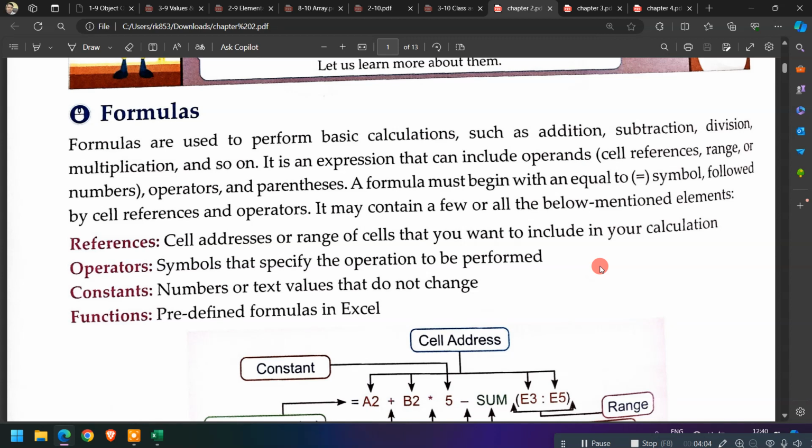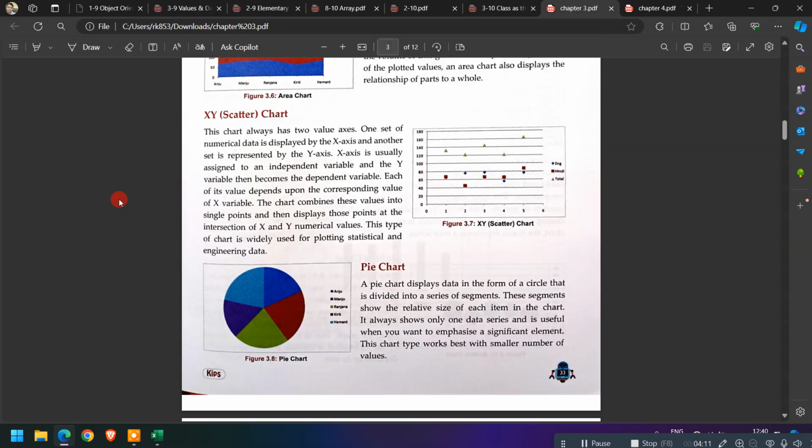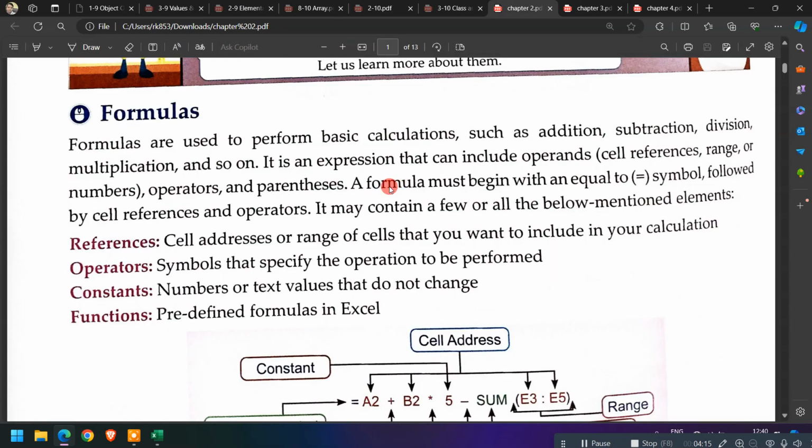What is a cell reference? A cell reference is nothing except the address of a cell.